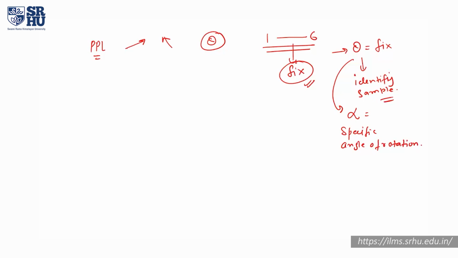Now what is specific angle of rotation? Specific angle of rotation is a parameter which will help you to identify what compound it is by just knowing its specific angle of rotation.